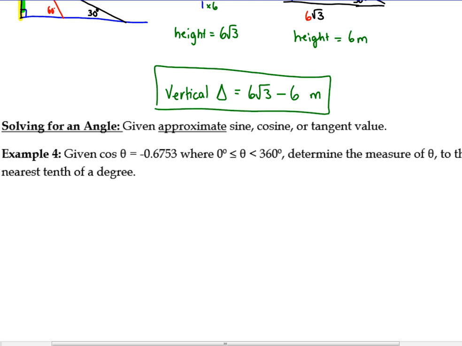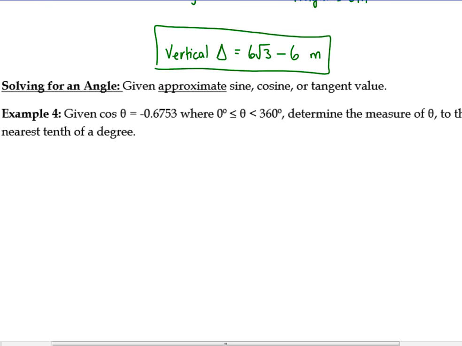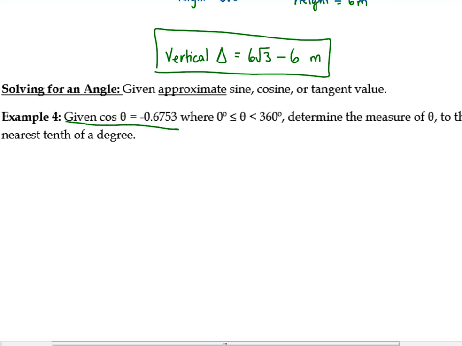If you're looking for when is cos theta equal to negative 0.6753, first step is CAST. Looking at CAST, what quadrants would it be in? 2 and 3. C-A-S-T. It's positive in 1 and 4, so it's going to be in quadrants 2 and 3.